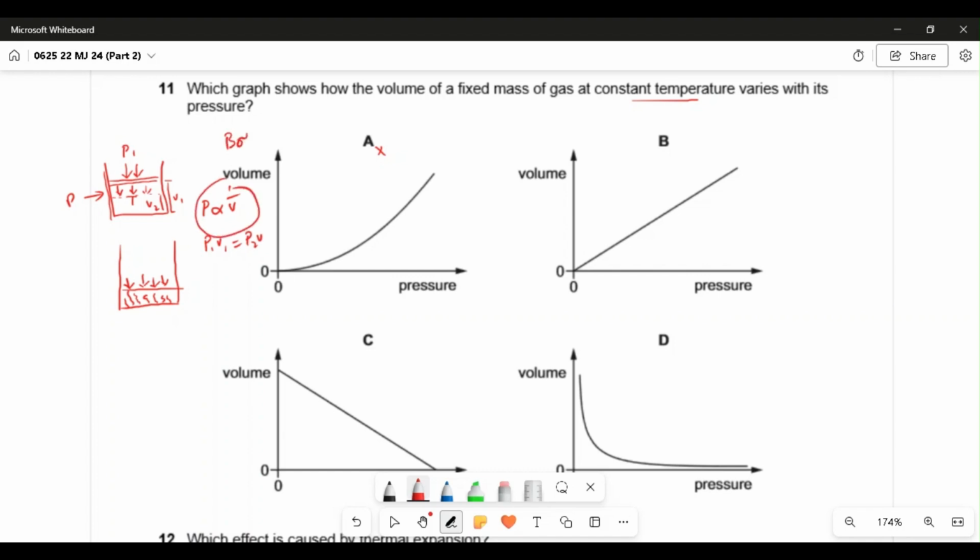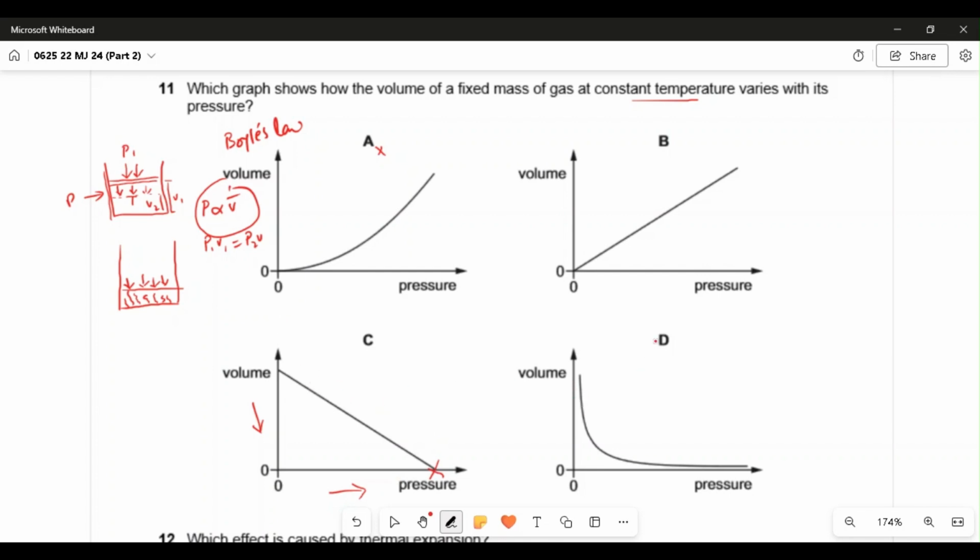This is Boyle's law. Moving to C, yes, it is volume decreasing with the increase in pressure, but this one is at a constant rate, and when the pressure is maximum, volume is going to be zero. This is not related to the real life situation.